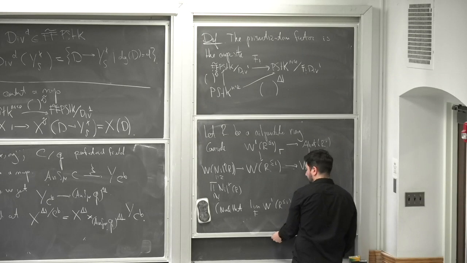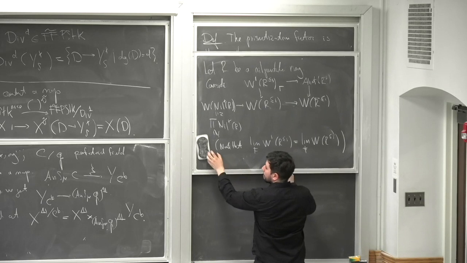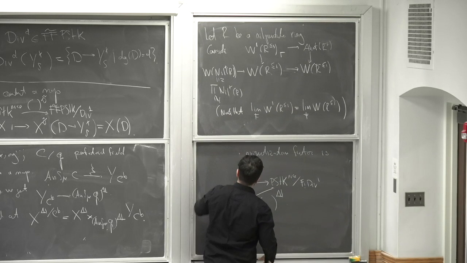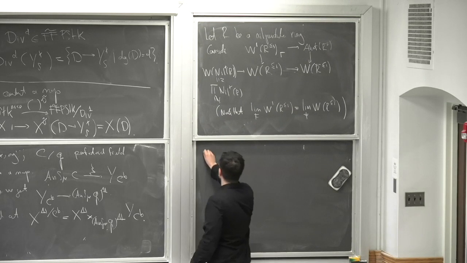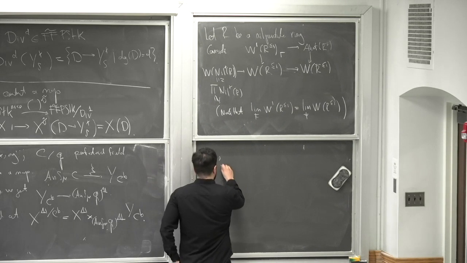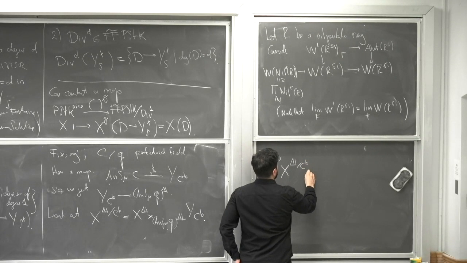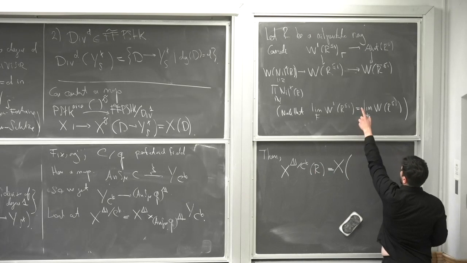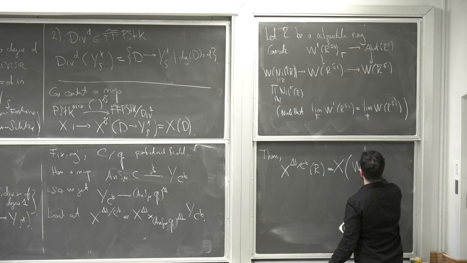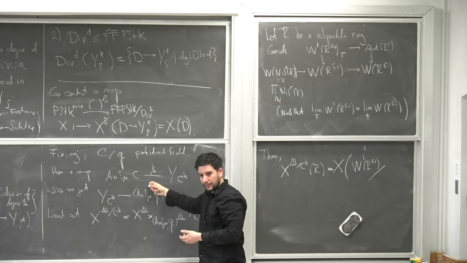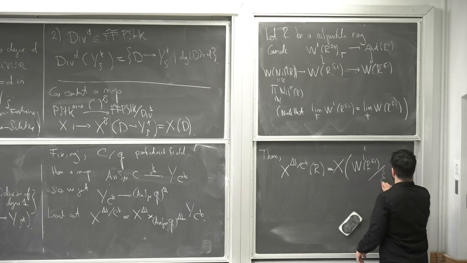So what I wanted to say is that this prismatization, flat, evaluated at the ring R, is going to be given by Spf of this funny version of Witt vectors, after you mod out by a suitable lift of this element C that is given by this closed point.